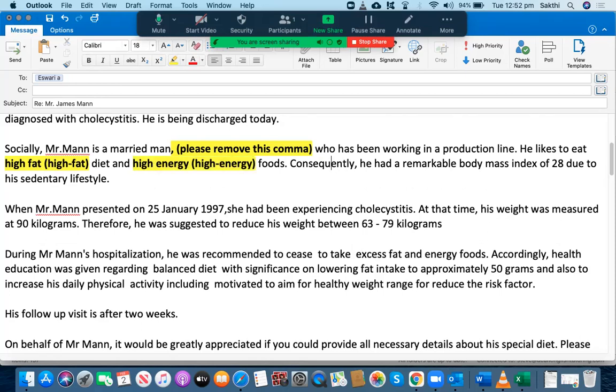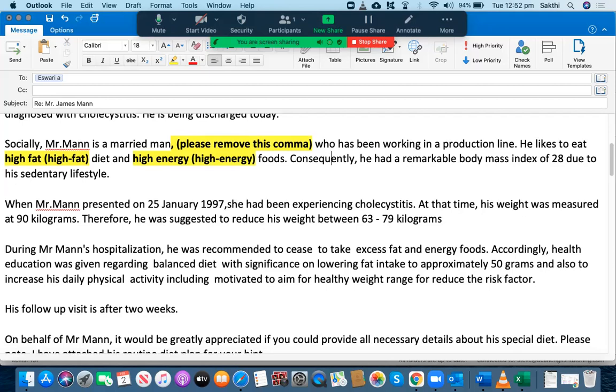Consequently, he had a remarkable body mass index of 28 due to his sedentary lifestyle. Well, you can't use had, because had means whatever information you present after that was already completed, and it will not happen once again. That's what it means.